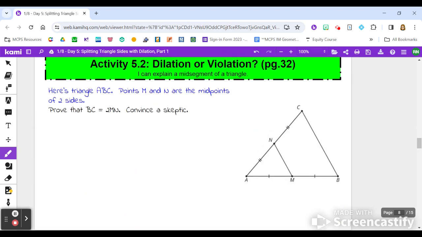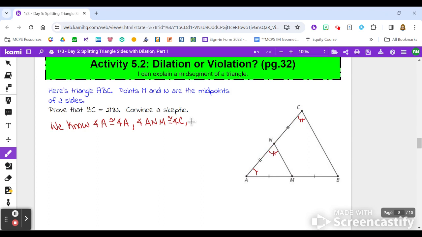So on this page, I know you have not as much space in your workbook, but I wanted to make sure that I had enough space to write out a valid, easy to follow explanation. So we know already, and I'm going to write this as we go, we know angle A is congruent to angle A. We know that angle ANM is congruent to angle C. This angle is congruent to here.